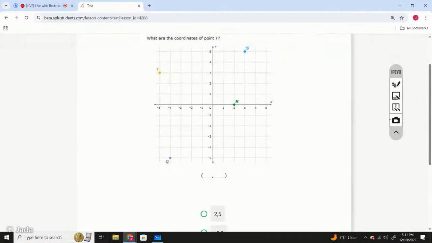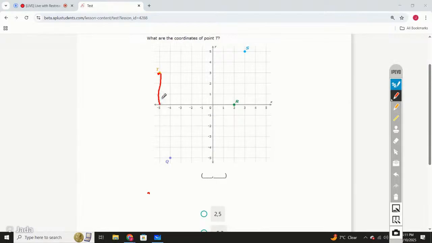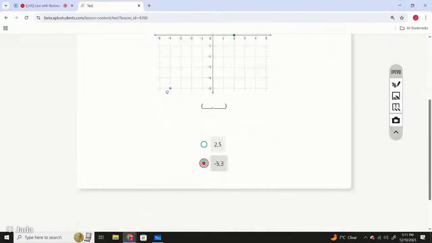What are the coordinates of point T? Here is point T, right? X is -5 and Y is 3. So the coordinates of the point T is -5 and 3.